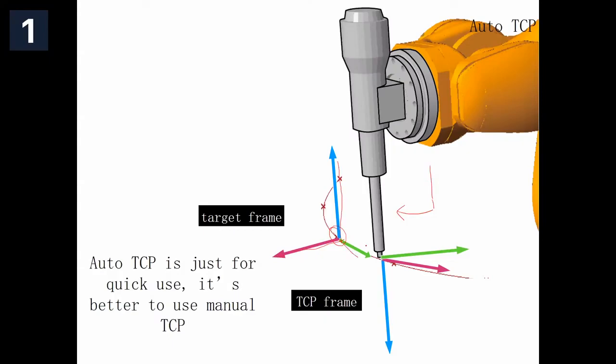But this is the default coordinate. In ABB the default TCP Z direction is downward.